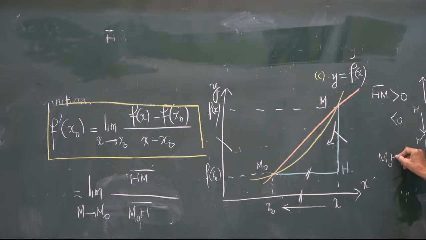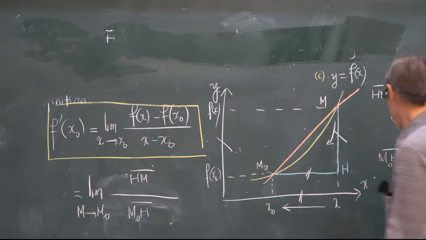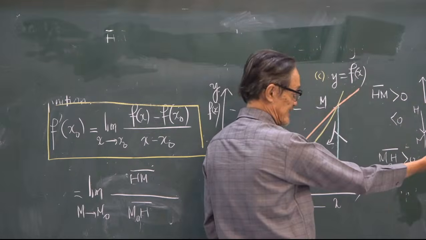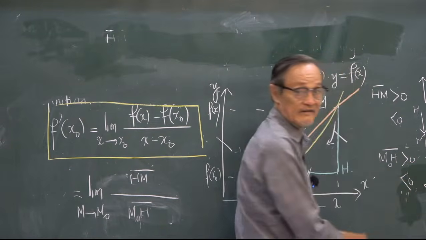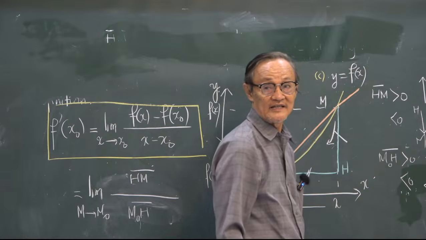M0H algebra positive if we have from the left to the right, and negative if from the right to the left. Okay?